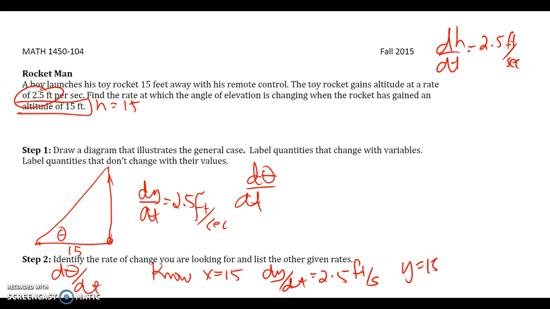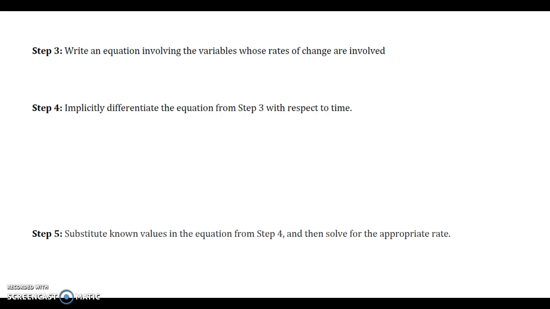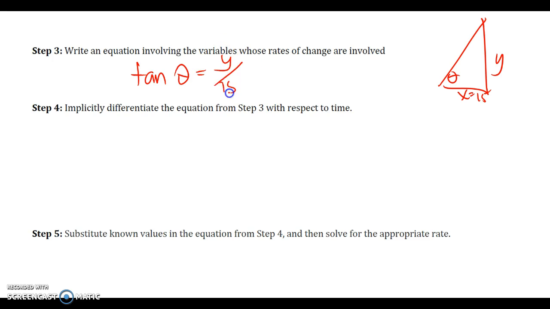Okay, we're going to write a relationship equation now. We know that tangent of theta on our picture, which is 15, and this is y, equals y over 15, right?